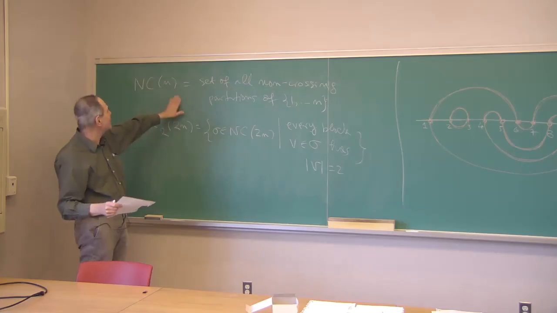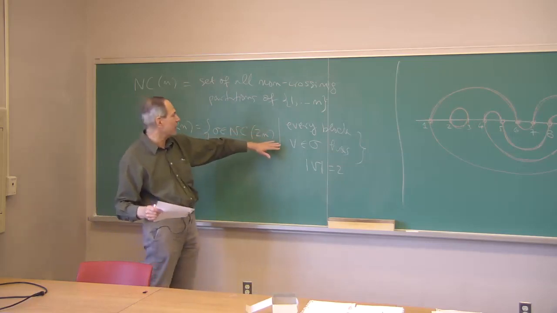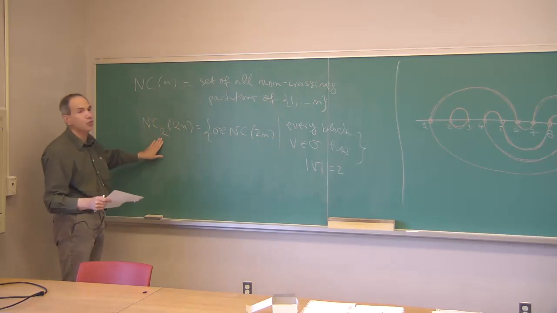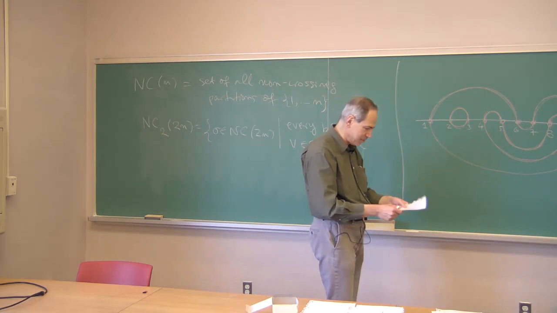Okay, maybe in the meanwhile. So that's standard notation, right? Non-crossing partitions, and if every block of the non-crossing partition is a pair, then my notation is NC2 of 2n, and that's NC2 of 10 here, because there are 10 points.